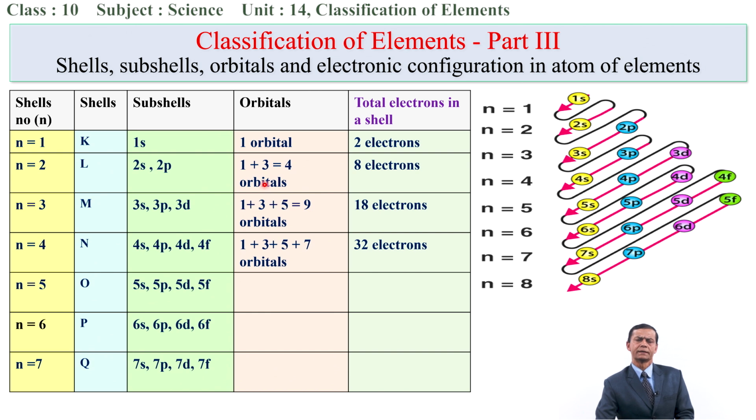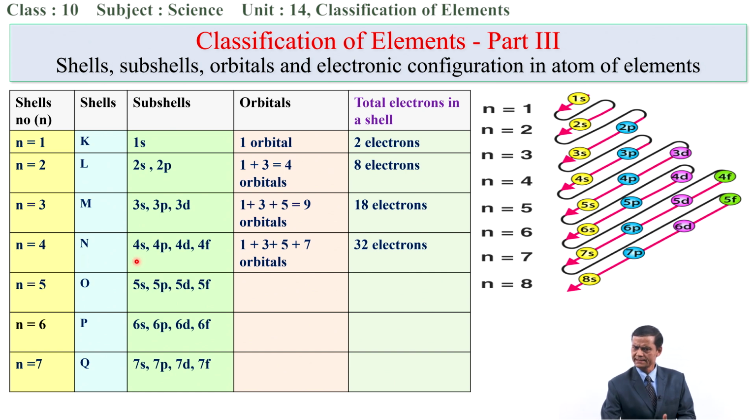So altogether, look here, how many orbitals are here? K has only 1 orbital and holds 2 electrons. L has a total of 4 orbitals that can carry 8 electrons. Similarly, M has 9 orbitals, 9 multiplied by 2, 18 electrons.